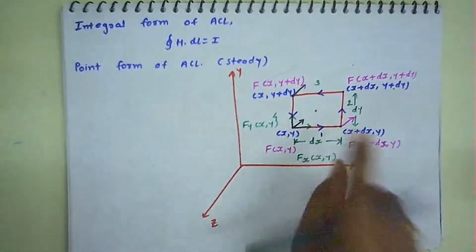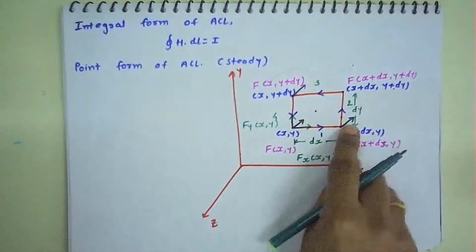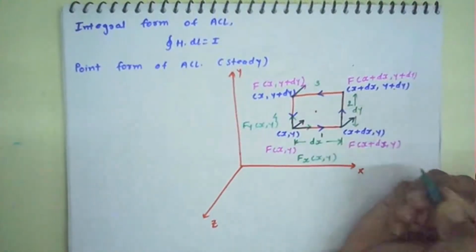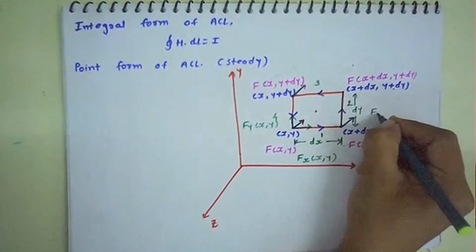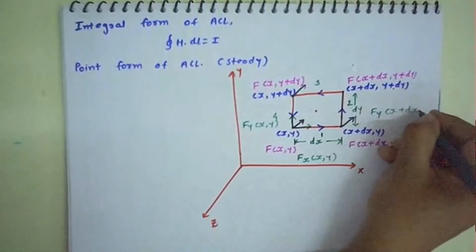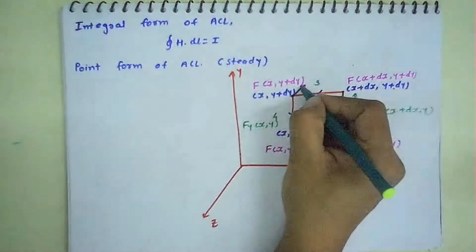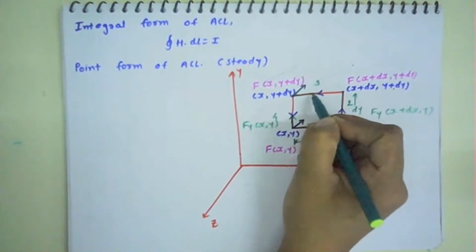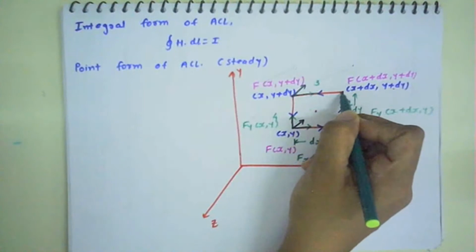Now for segment 3, from this vector the x component is contributing in this curl, and here the y component is fy of x plus dx, y. From this vector, the x component is contributing as it is along line segment 3.